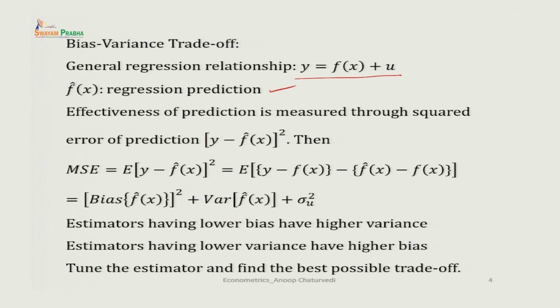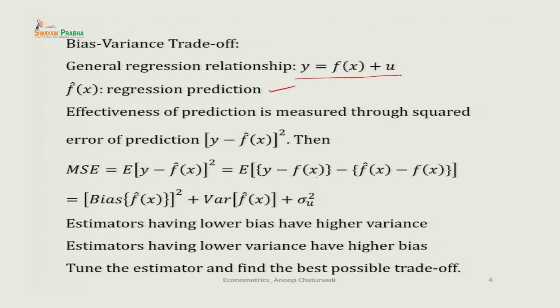Then the effectiveness of prediction is measured through squared error prediction, that is, (y minus f hat(x)) whole square. If we take the expectation of (y minus f hat(x)) square, then you get the MSE. In fact, this is equal to the expectation of (y minus f(x) plus f(x) minus f hat(x)) square.